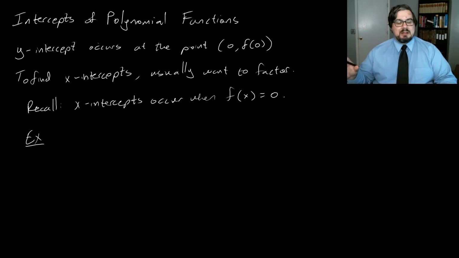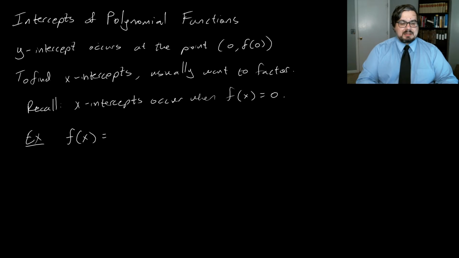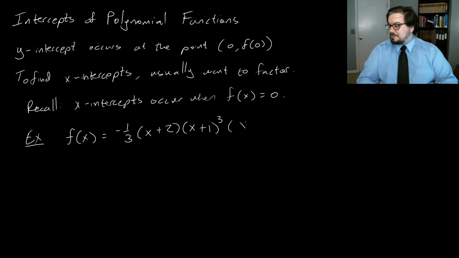Technically, we could break them down further, but those three are the important ones that we want to care about. So let's look at the function f of x equals -1/3 times (x plus 2) times (x plus 1) cubed times (x minus 3) squared.